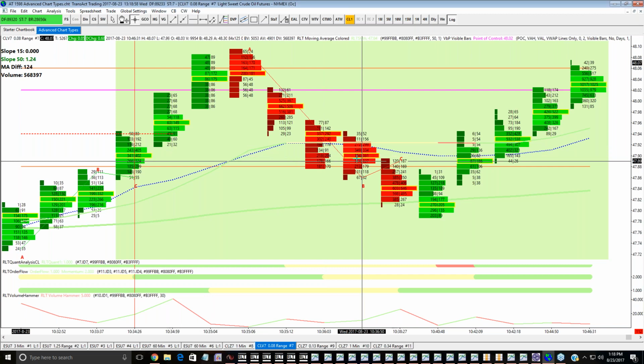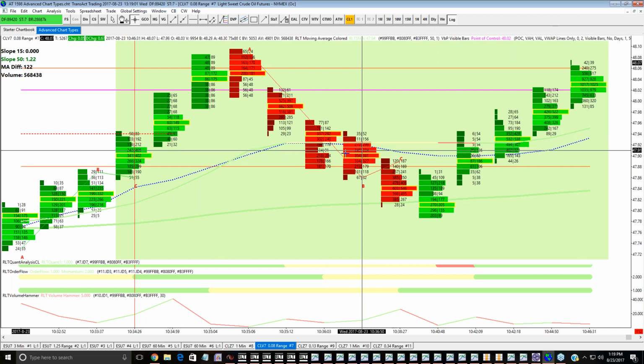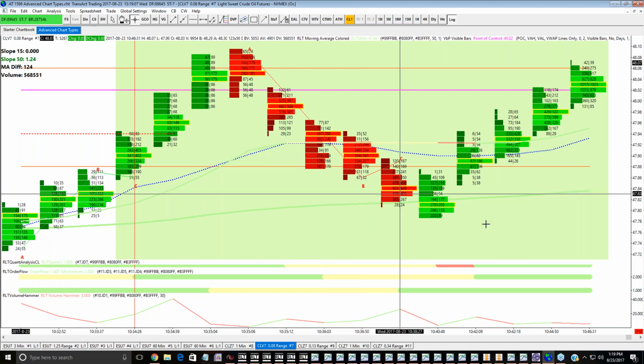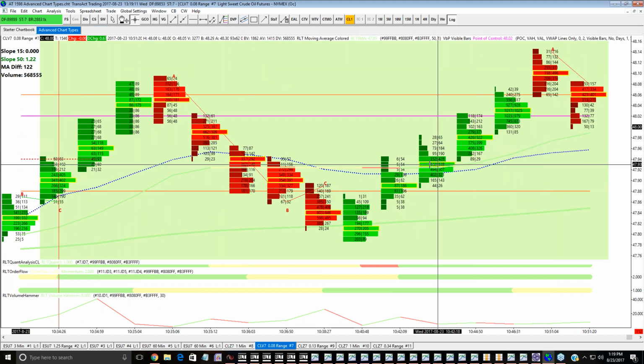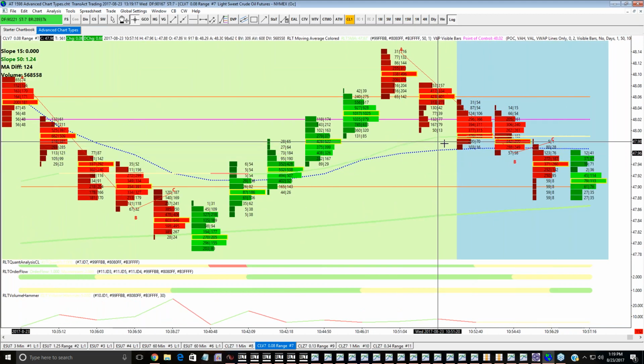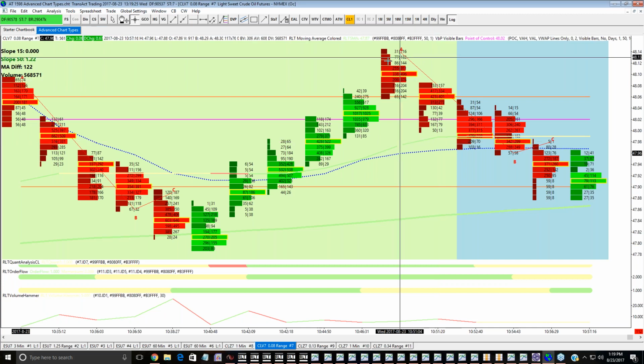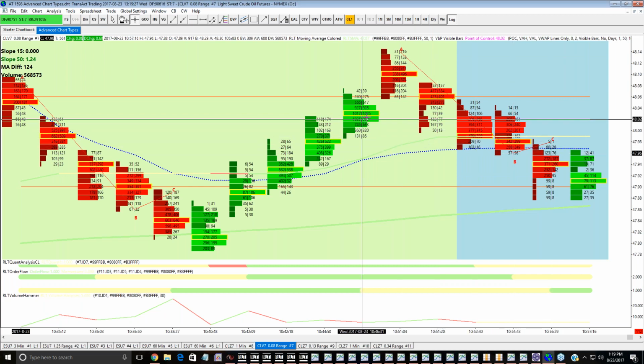Now this yellow encircling a volume is the point of control of each candle. And so obviously it's always going to be one of the lightest tick values on the chart, and it is going to be where most volume is crossed.